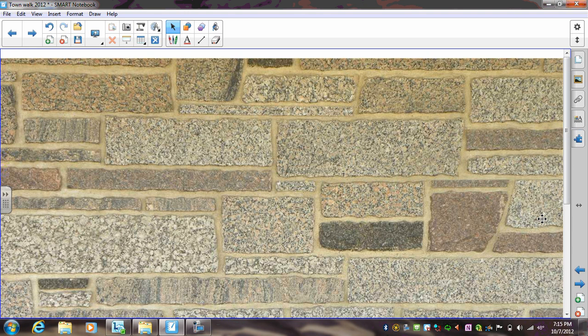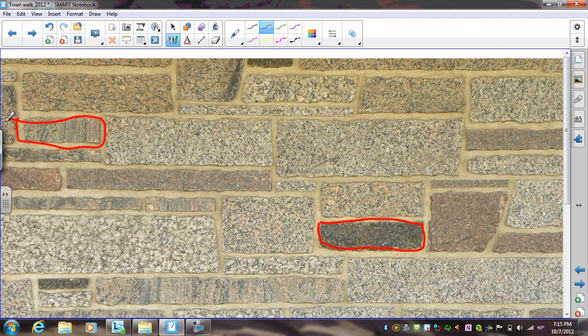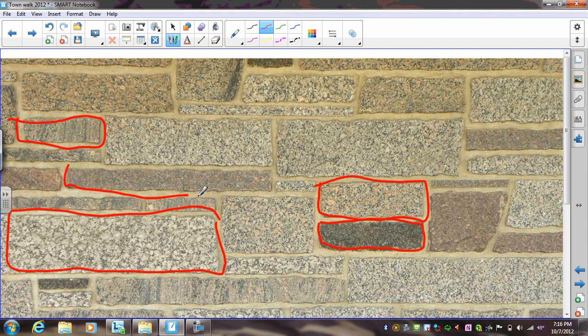I can tell you a story about that rock, this rock, this rock, and I could probably tell you a story about this one too, and even this one. If you go on our trip later this month, you're going to see that rock.